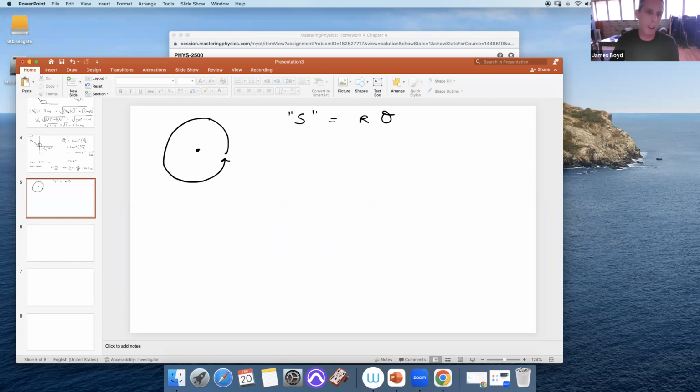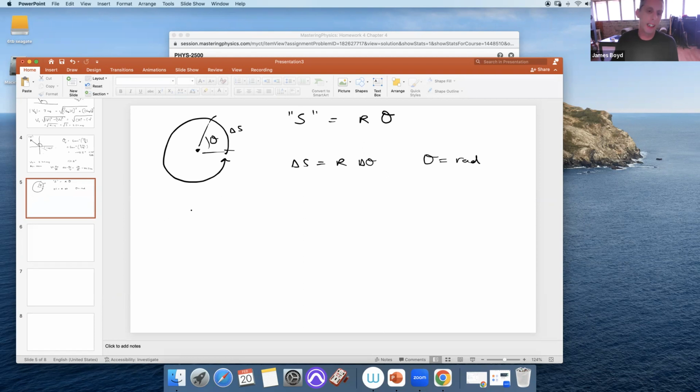That means that the arc length, this distance, is delta s, and that distance subtends an angle theta. We assume that the radius stays constant, so we have delta s is r delta theta. Theta has to be in radians when it's not in the argument of sine, cosine, or tangent. If it's out on its own, it has to be in radians. Radians are real numbers. It cannot be in degrees.